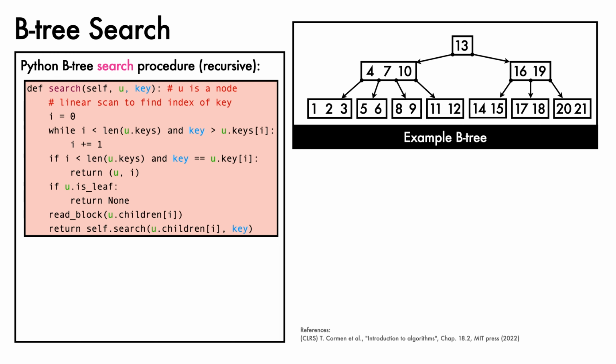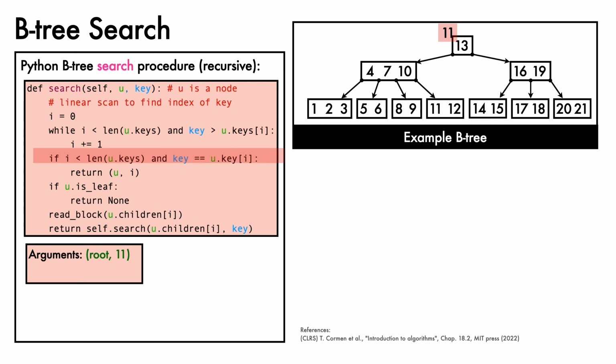Let's see how this works on an example B-tree, in this case an instance of a 2-3-4 tree, where we'll suppose the arguments are the root node and the query key 11. Entering the function, we first proceed to the linear scan while loop, which immediately exits since 11 is smaller than 13. We do not have a key match and u is not the leaf, so we fall through to performing a block read to pull u's 0th child into memory, and recurse using this child and key 11.